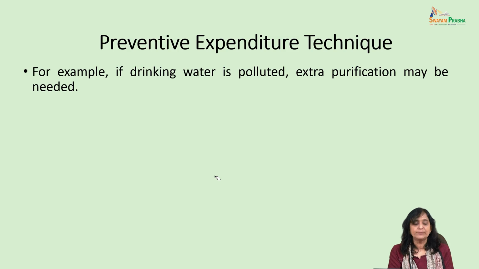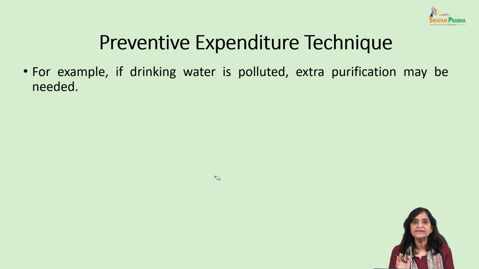Now, for example, if drinking water is polluted, many times in our own households we install water filtering machines because we feel that the water quality we are getting may not be very pure. So every time anybody buys a water purification unit, some money is going to be spent.